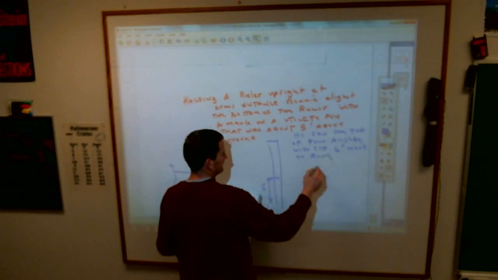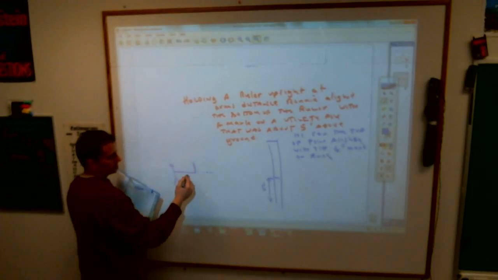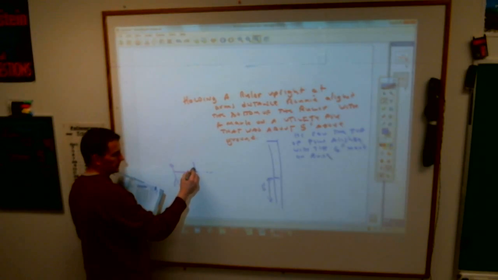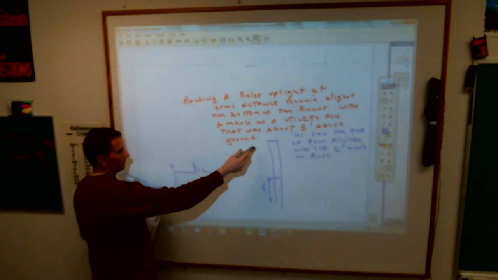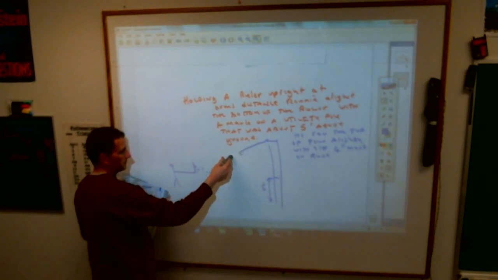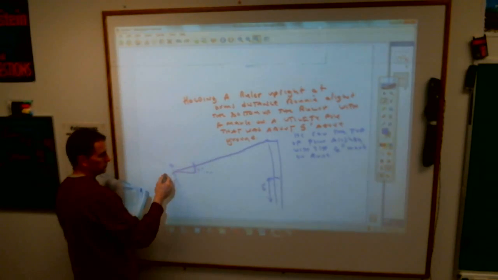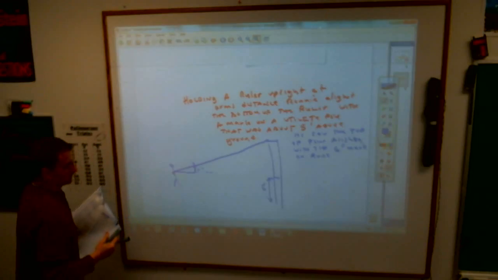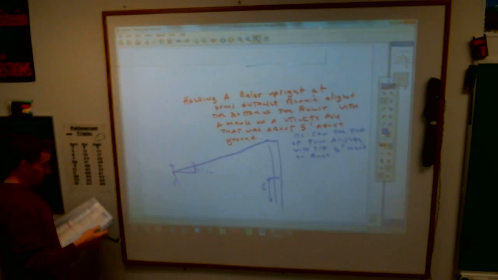Take a look, see. So here's his ruler. Here's a 6-inch mark. It's about halfway up. That's 6 inches. And the top of the pole aligned with that. I guess we're assuming his head is kind of in that way.